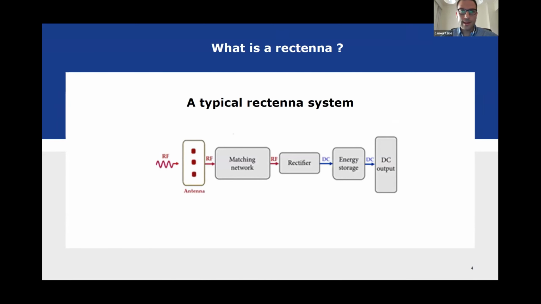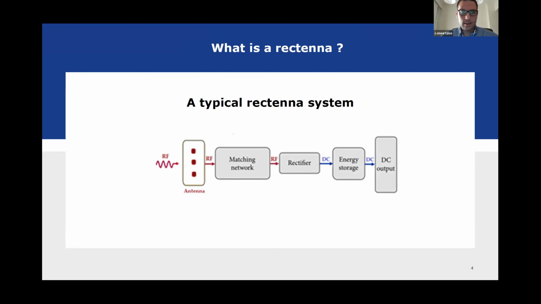First of all, let's explain what a rectenna is. It comes from the words rectifier and antenna. It is actually a system that transforms RF power to usable DC power.